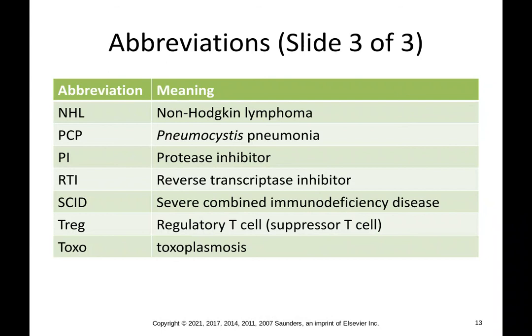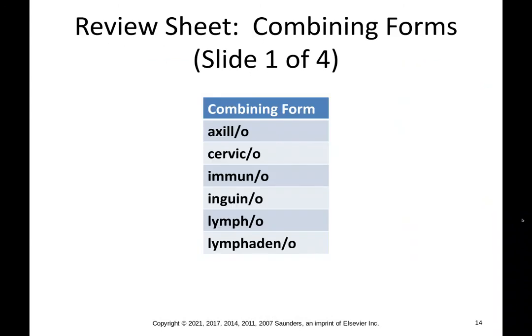PCP, pneumocystis pneumonia. PI, or protease inhibitor. RTI, reverse transcriptase inhibitor. SCID, severe combined immunodeficiency disease. Treg are the regulatory T cells or suppressor T cells, and toxo is toxoplasmosis.